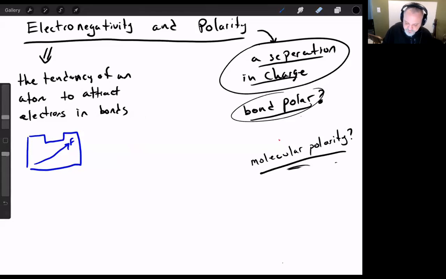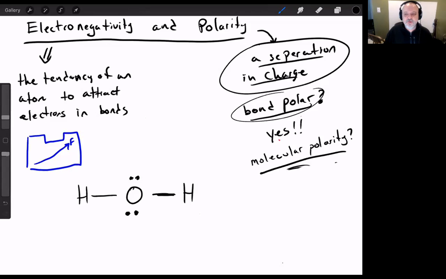Let's see if we can put all this stuff together. Here was that picture for water. Are the bonds polar? Yeah, right. Oxygen and hydrogen are not the same atom, so the bonds are polar. Is the molecule polar?